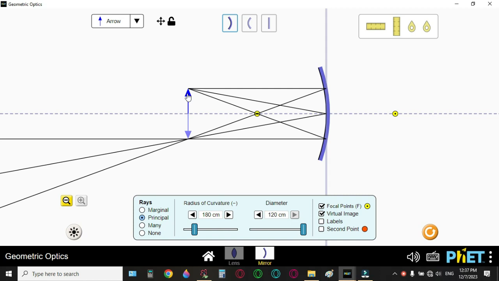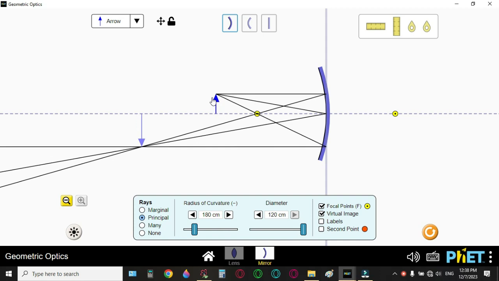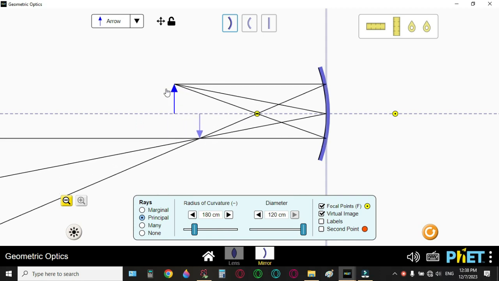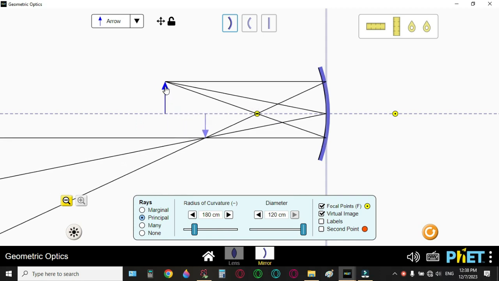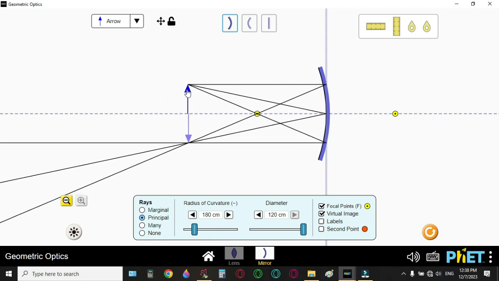My point in showing you this particular illustration is that I would like to point out that mirrors reflect light in order to form an image.